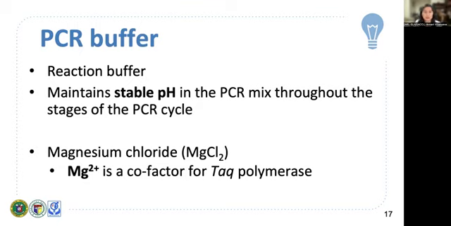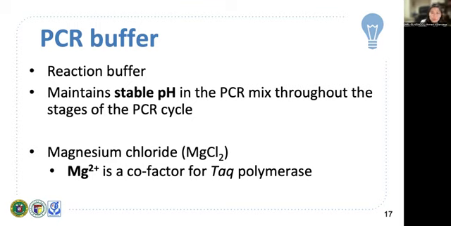And also, one of the very important components of your PCR buffer is actually your magnesium chloride. Why? Because magnesium is actually a cofactor for Taq polymerase.